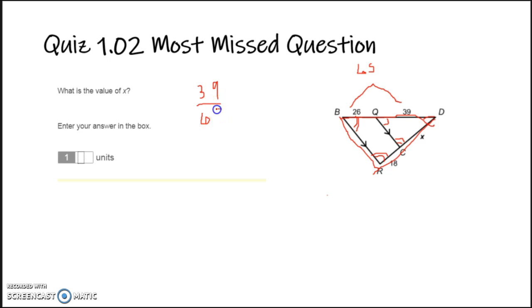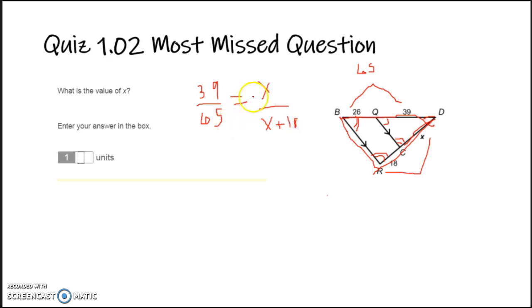That proportion should be the same, and will be the same since these triangles are similar by angle-angle, as x, the short side here, over the corresponding long side, which is x plus 18. And so now we can cross multiply and we can solve.